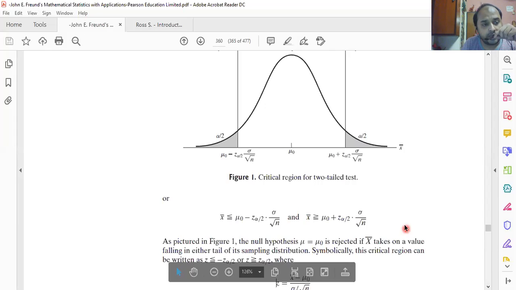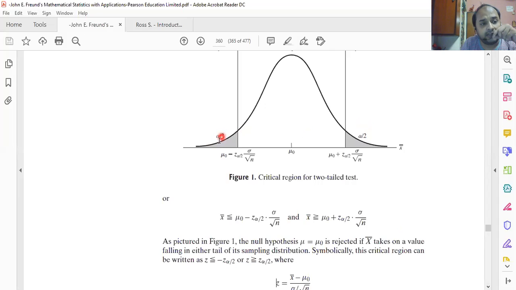So if alpha is 5%, then they have written here alpha by 2 and alpha by 2. Think about the standard normal curve, and think about the technicalities which we discussed in the normal distribution. If alpha is 0.05, alpha by 2 means 0.025. So this portion will be 0.025 and that portion will be 0.025.